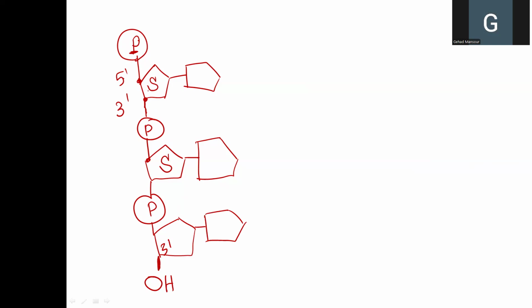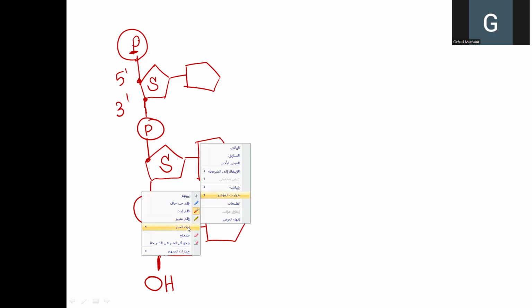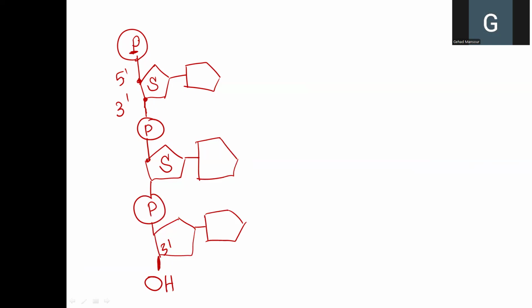But within the polynucleotide strand of DNA, you can see that the phosphate group is linked from one side to the 5' end of one ribose sugar, and from the other side it is linked to the 3' end of the other ribose sugar.